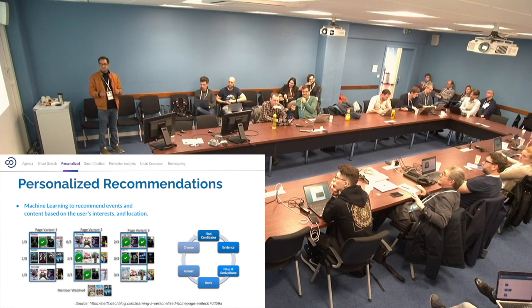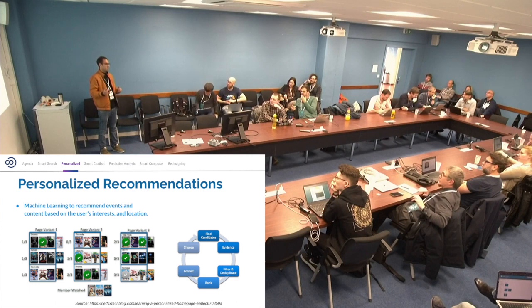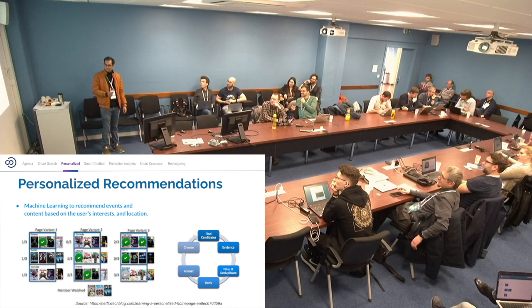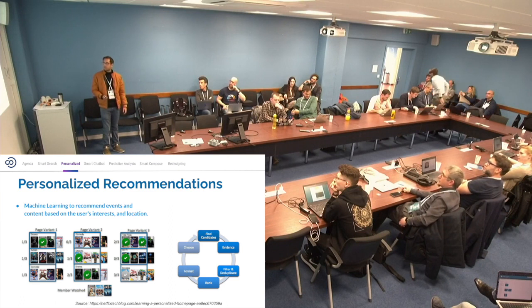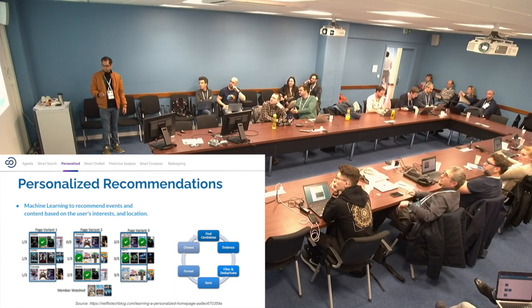So I've designed the Indico homepage in a particular way so that it does not get overwhelming, and we see the other things as well. It's machine learning to recommend events and content based on user interest and location, just like Netflix and YouTube.